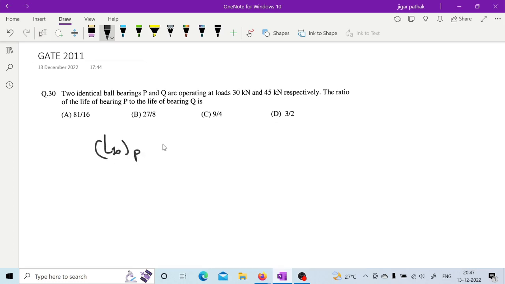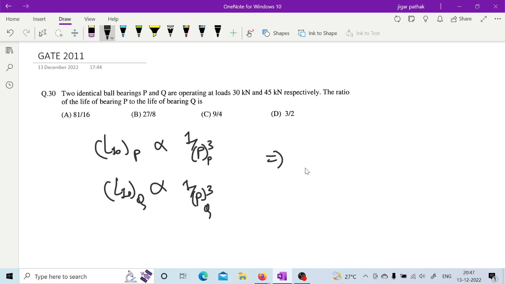Life of P is proportional to 1 upon P cubed, where here it is force in P. Then life of Q is again 1 upon P of Q. So the ratio of life of P and Q will be force in Q divided by force in P, raised to n.